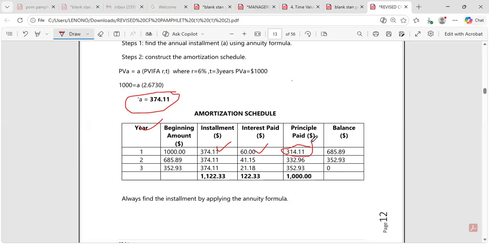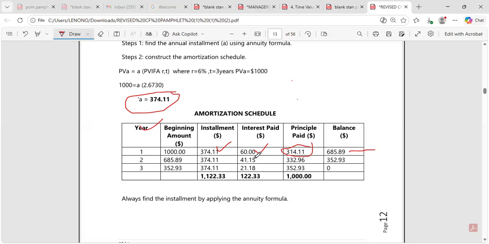Then the balance will be 1,000 minus 314.11, so the balance is 685.89. That's the balance as at year end one, which becomes the opening balance. Then you pay the 6%, that's giving us 41.15.